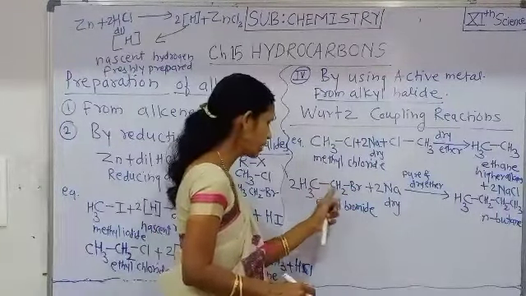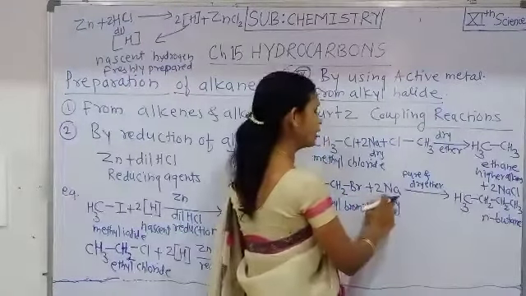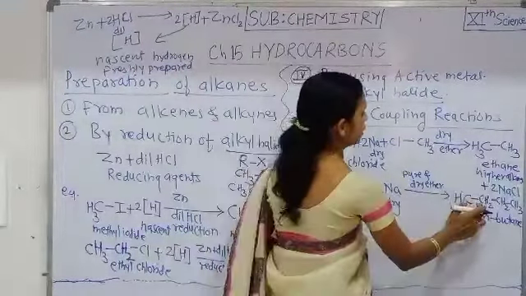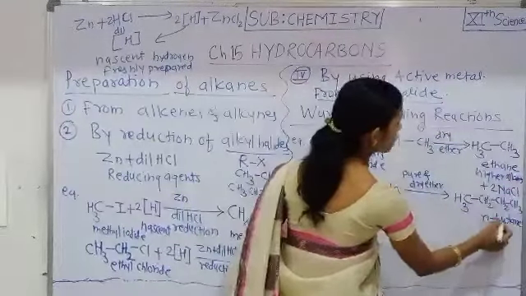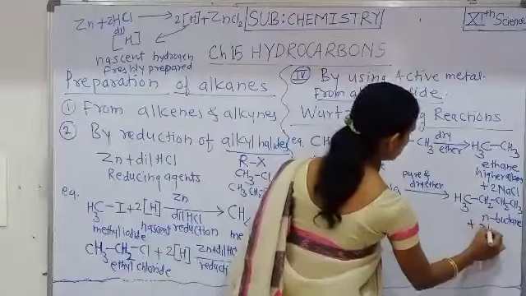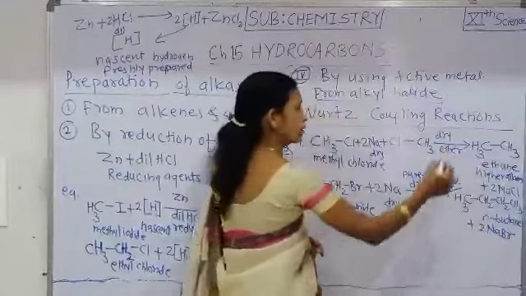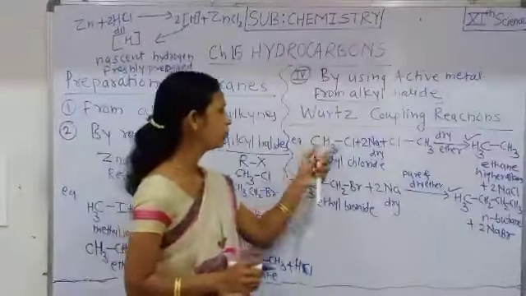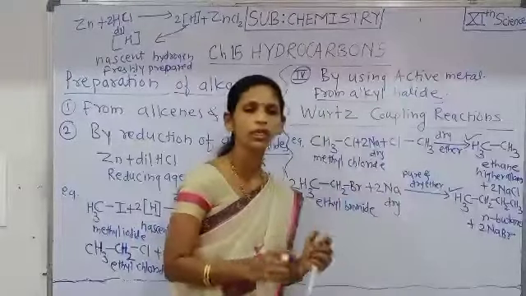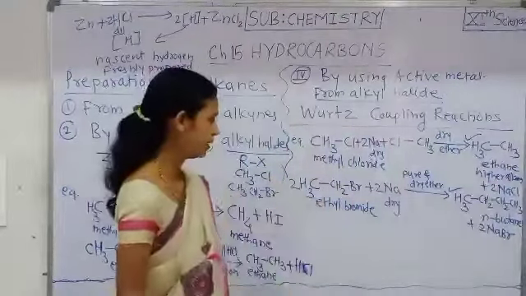Ethyl bromide has 2 carbon atoms, but the alkane obtained contains 4 carbon atoms, plus 2 NaBr. So we can get higher alkanes from alkyl halides when they are treated with sodium metal.